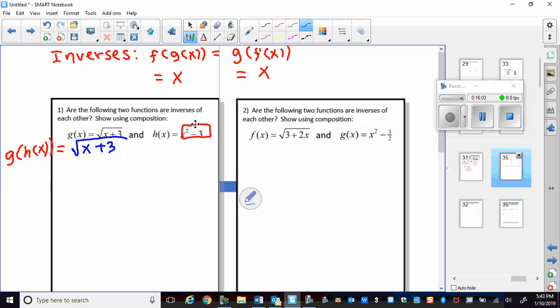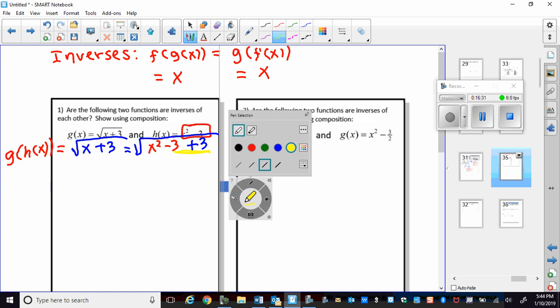So this equals the radical, and inside we're going to have x squared minus 3, and don't forget plus 3. Now we can simplify, and we see that this portion here cancels out.